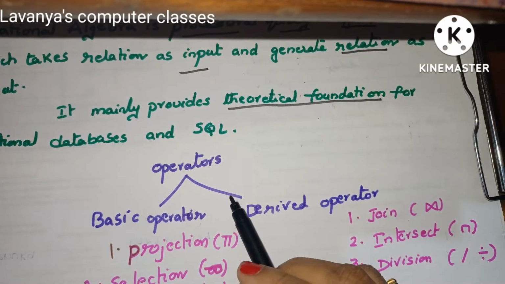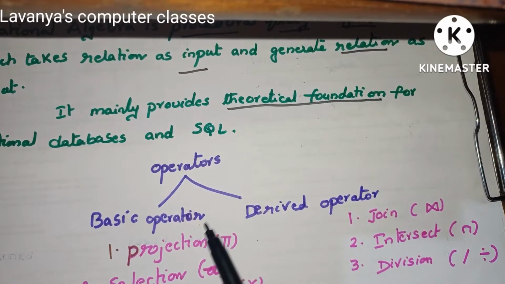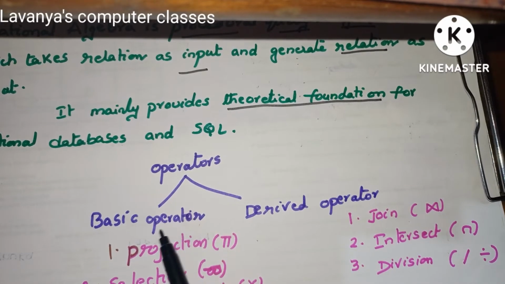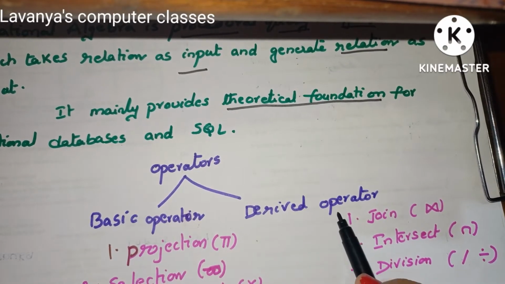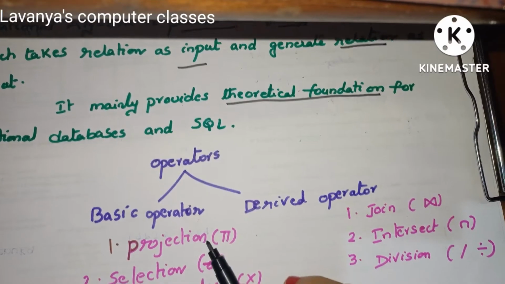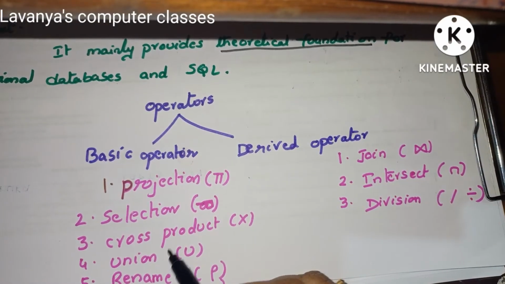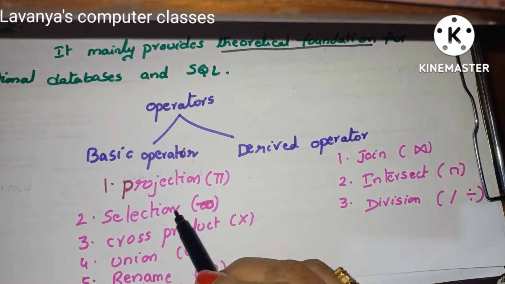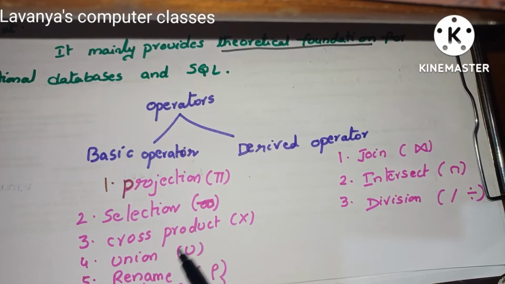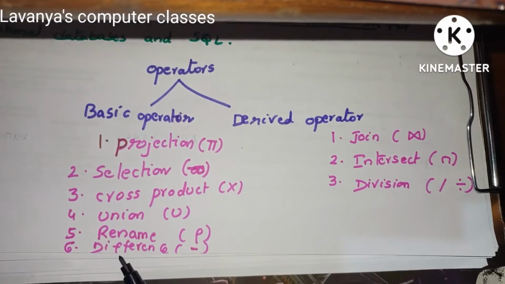What type of operators are used in relational algebra? There are two types of operators: some are basic operators, some are derived operators. What are the basic operators? There are a total of 6 basic operators: projection, selection, cross product, union, rename and difference.